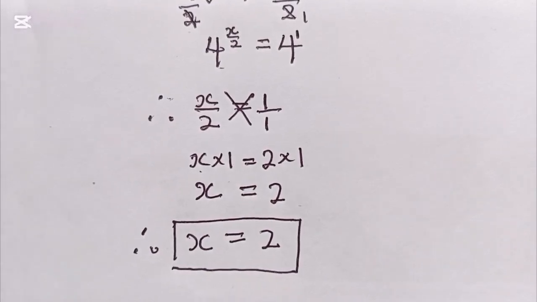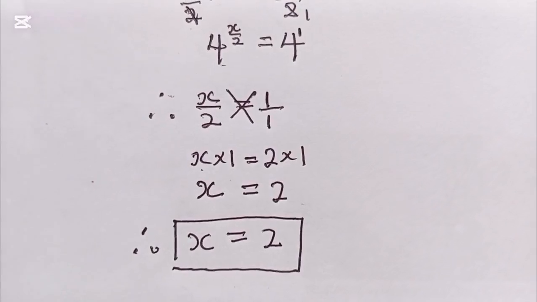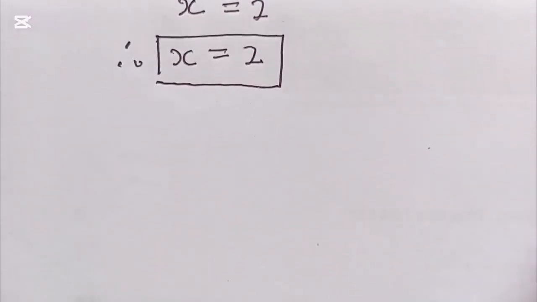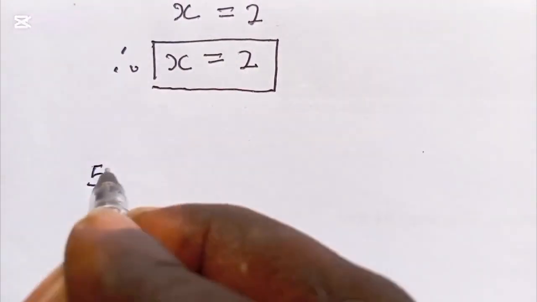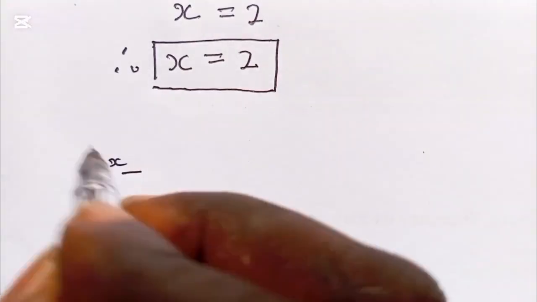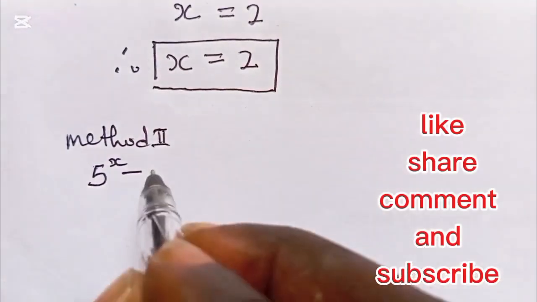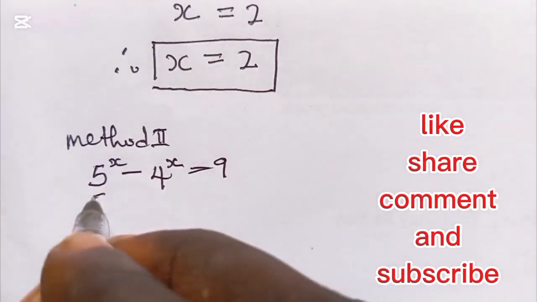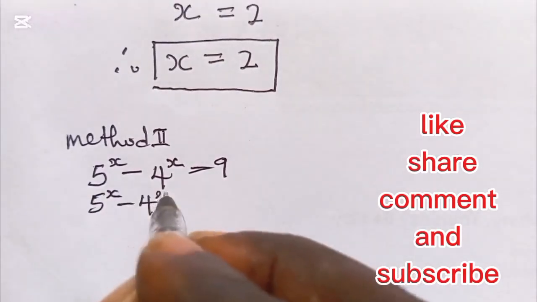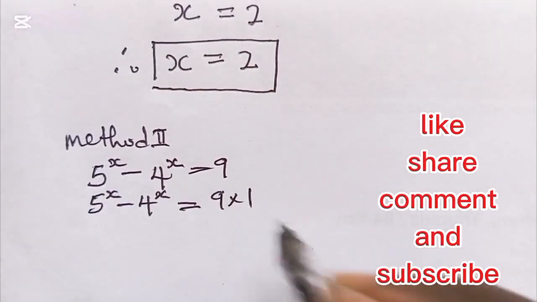There's another method you can easily use apart from this method. And the method is, let's look at this. If you have 5 raised to the power of x minus 4 raised to the power of x to be equal to 9, we can write this as 5 raised to the power of x minus 4 raised to the power of x to be equal to 9 times 1.